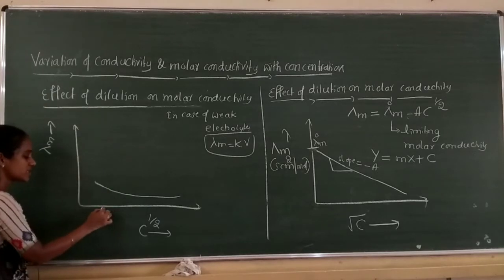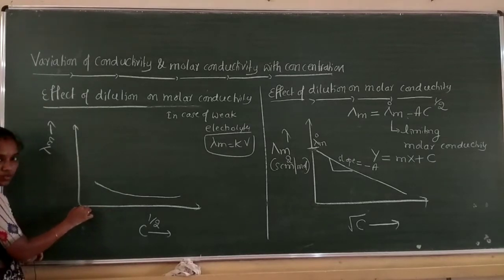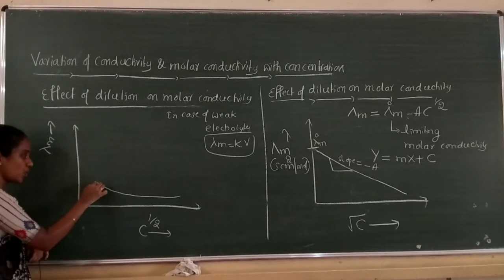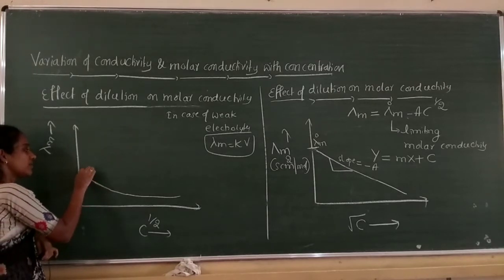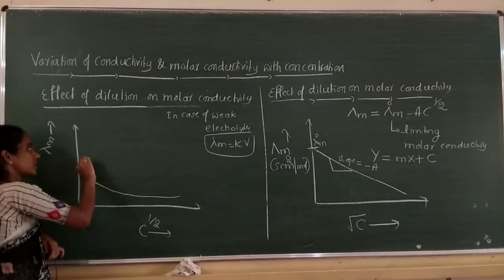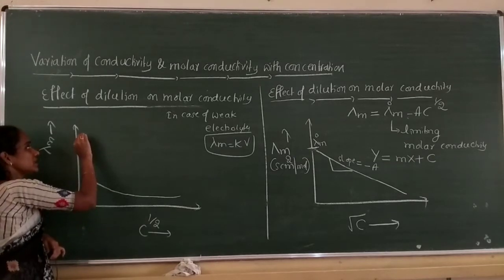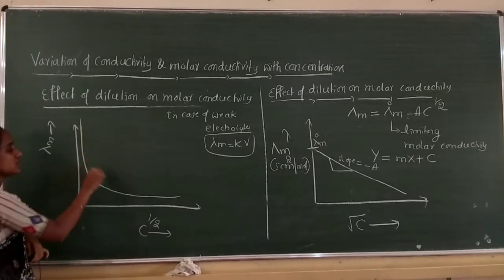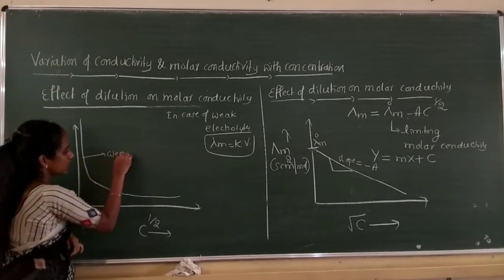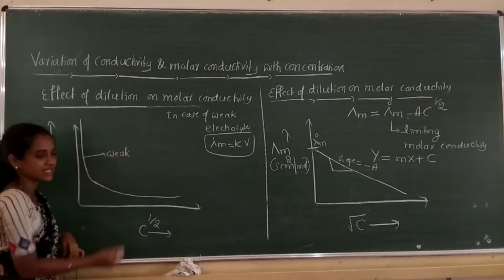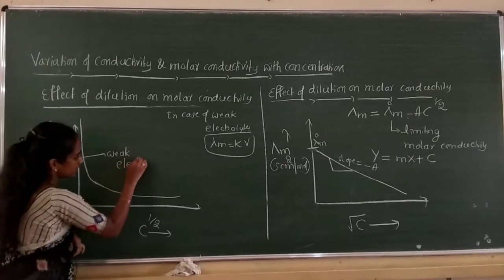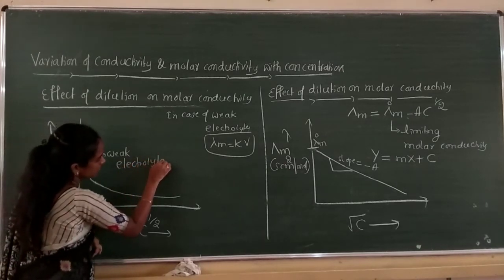When the concentration reaches almost zero, it increases rapidly like this. So this is for a weak electrolyte. Let it be for acetic acid, which is a weak electrolyte.